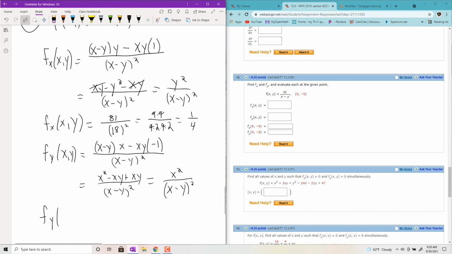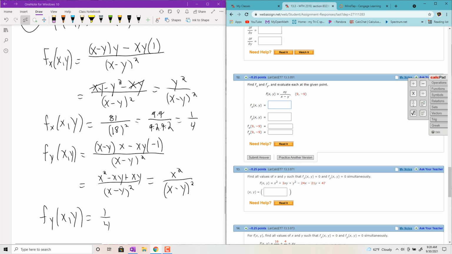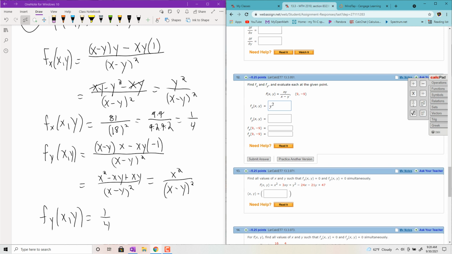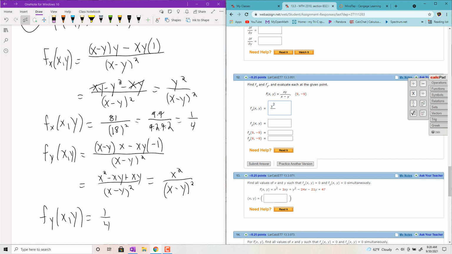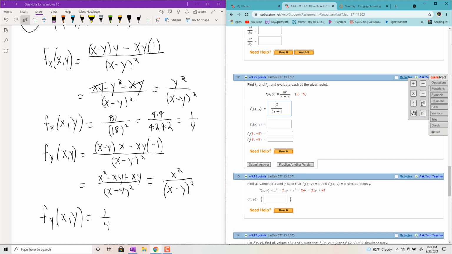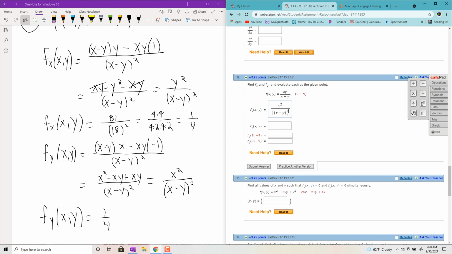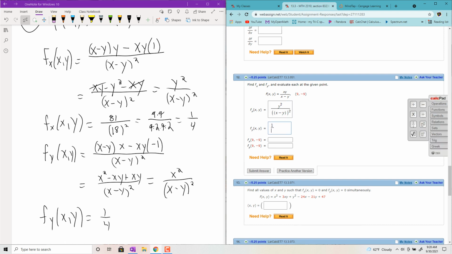Let's evaluate it. So it should be the same thing, right? I'm betting it's the same thing. Let's go ahead and plug it in. So we get y squared divided by (x minus y) squared. This is 1/4.